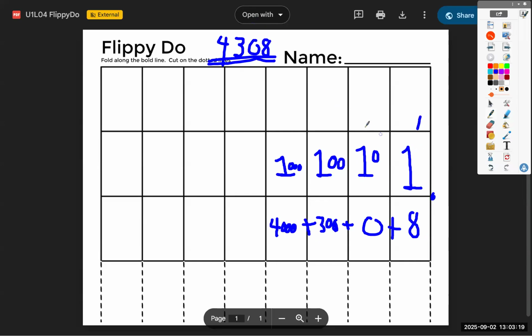But how do we get these column values? That is the key. Of course, this is base 10. The first column is 10 to the 0th. 10 to the 0th is 1. And 0th is the ordinal for 0, but we'll work with that. 10 to the 0th is 1. 10 to the 1st is 10. 10 squared is 100. 10 cubed is 1,000, and so on.